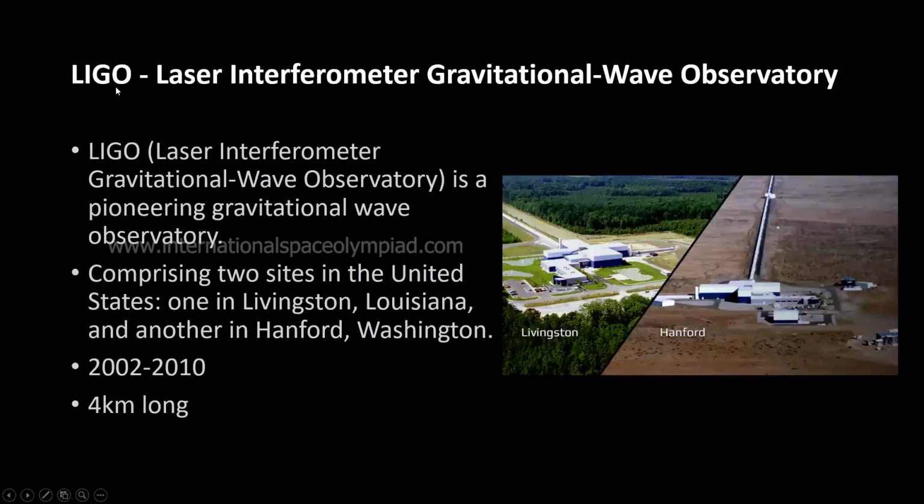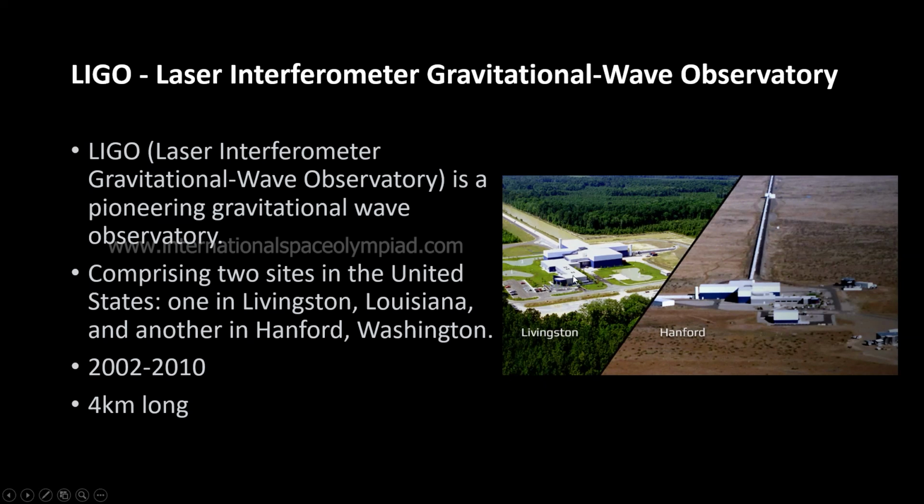LIGO is the first one to create and detect the first gravitational wave detection. LIGO comprises two sites. One is in Livingston and the other is in Hanford. You can see that long pipe here. One is going in this direction, and one in that direction. They are 4 kilometers long.